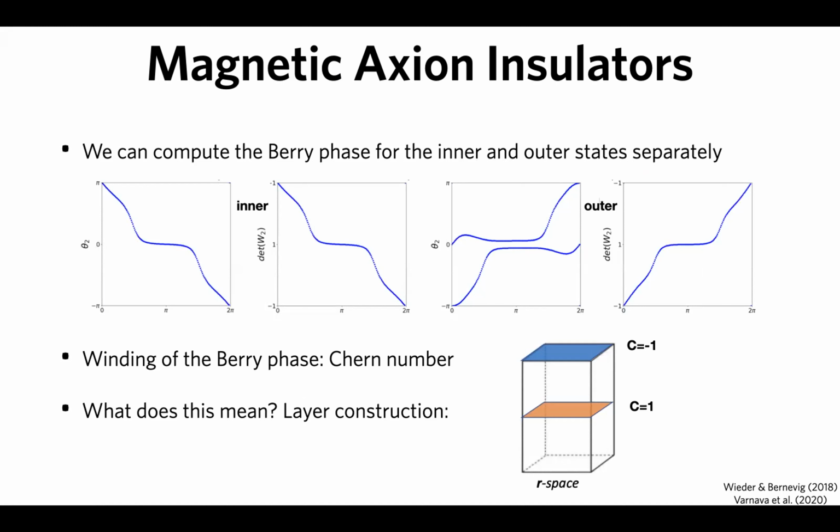This gives us a concrete picture for how we can construct something that has the same topology as this magnetic axion insulator. We stack layers of Chern number 1 and Chern number -1 layers. The Chern number 1 layers at the z equals 0 inversion center, Chern number -1 layers at the z equals 1/2 inversion center, and we just continue that to infinity.